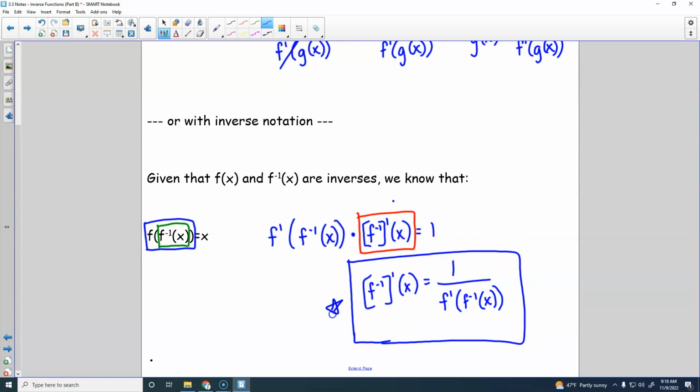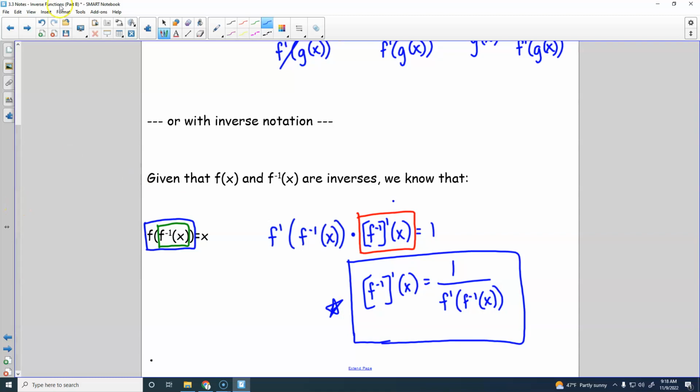Somehow it just helps me keep track of which one's the inverse and which one's the original function. But the one with F and G is perfectly fine as well. So this formula right here can be used for the derivative of the inverse always.